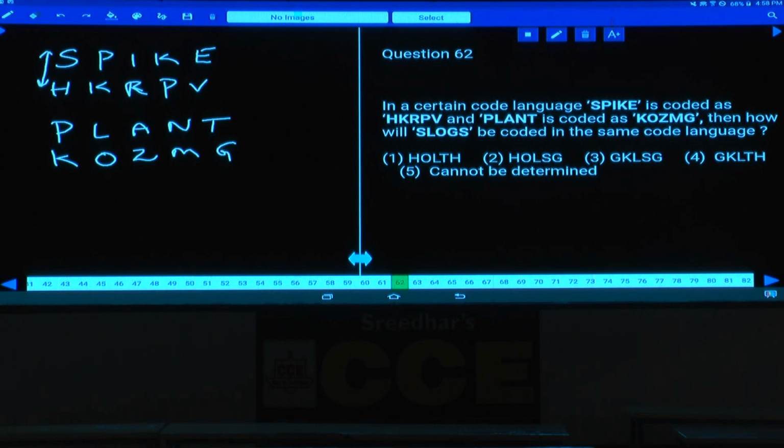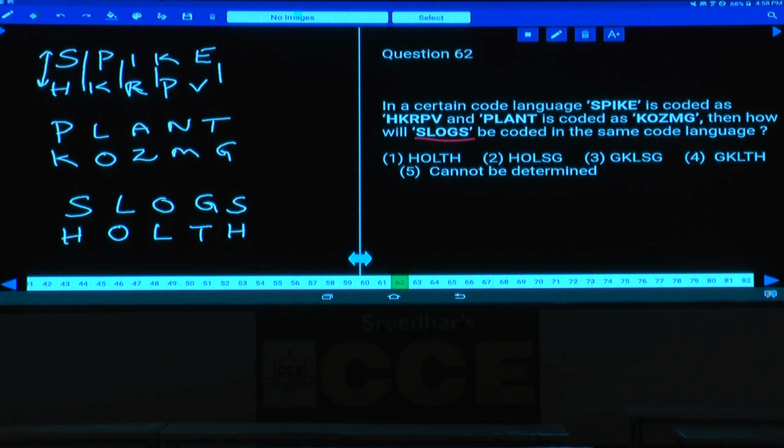A is the first letter from the left-hand side, Z is the first from the right. These two are called opposite pairs. B, Y, C, X, D, W, E, V and so on. Hence S and H are opposite, P and K are opposite, I and R are opposite, E and V. Similarly, what is the code to the word SLOGS? S's opposite is H, L's is O, O's is L, G's is T, and for S it is H. So the answer is HOLTH, choice 1. Question number 62, choice 1.